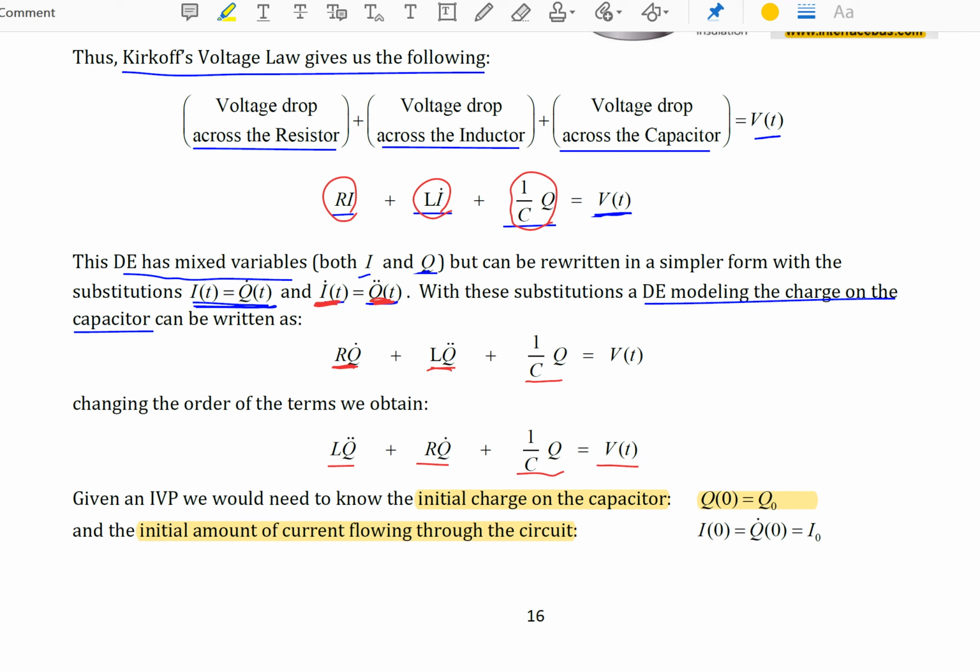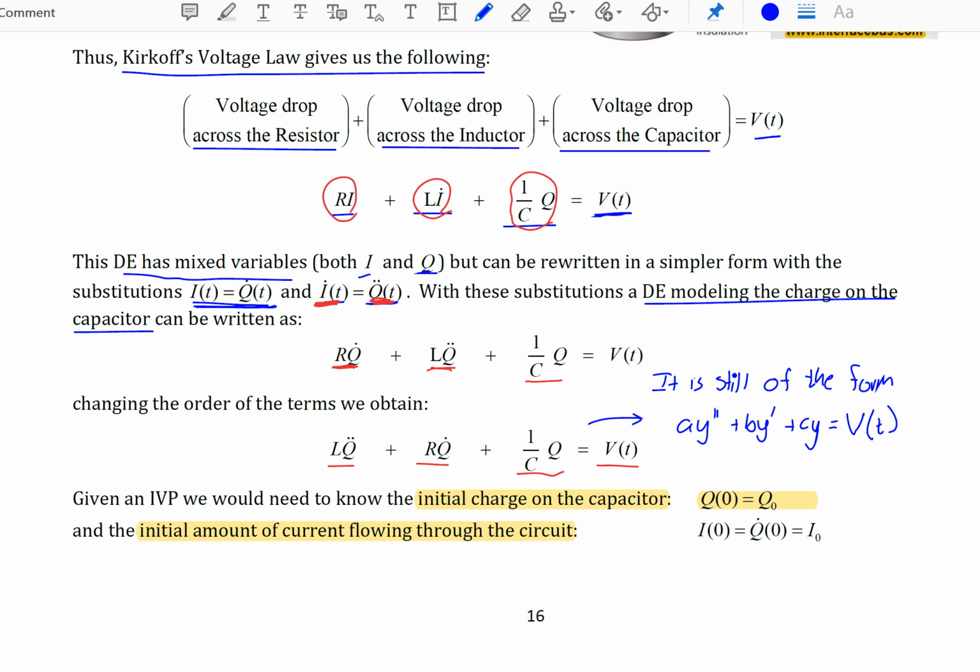Okay. Now you'll also notice that this differential equation, while I am using different letters, does match the general differential equation we presented in chapter 4.2. And so it is still of the form Ay double prime plus By prime plus Cy equals V of t.